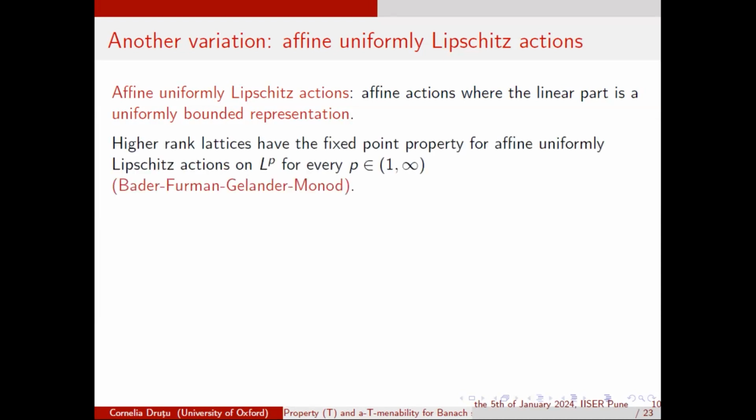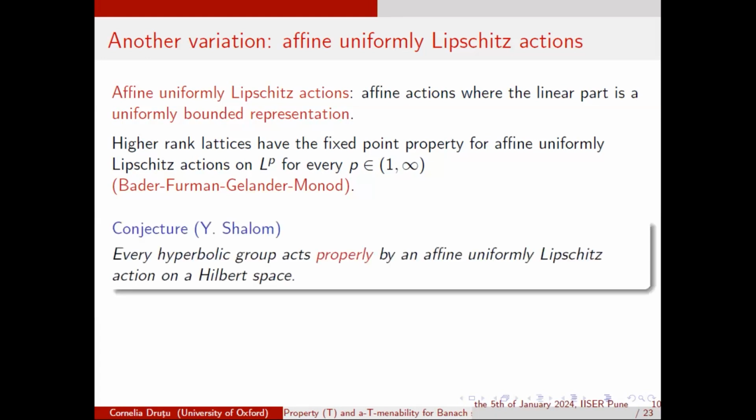And unsurprisingly, higher rank lattices have the fixed point property even in this case, and even for LP spaces, if P is larger than 1. So if we make a higher rank lattice act on an LP space or on a Hilbert space with this weaker kind of action, we still have even a fixed point, in fact.